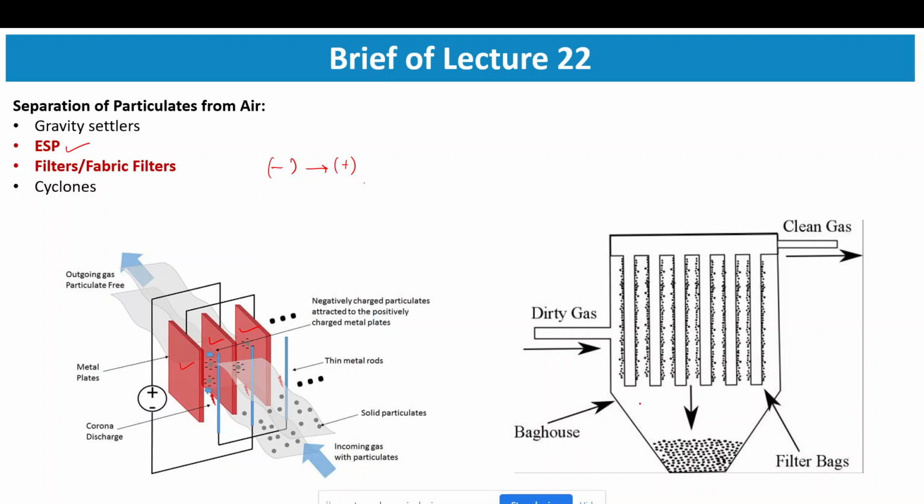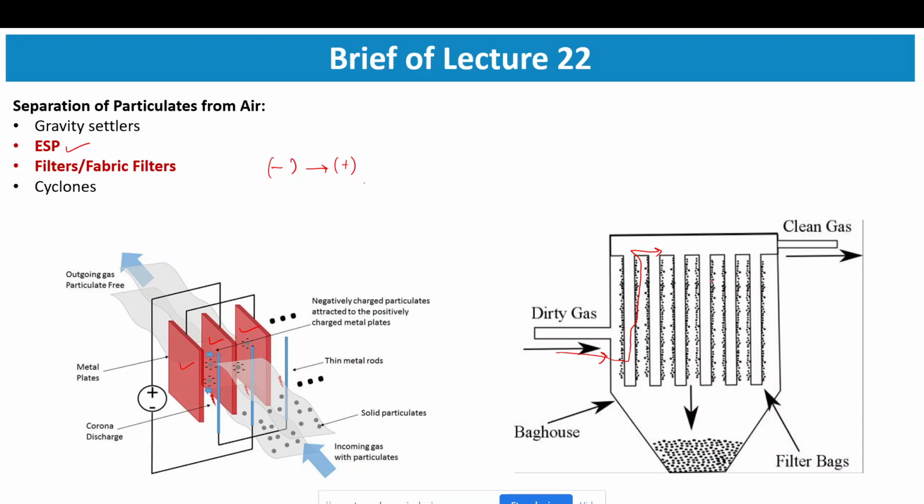The pore size of the fabric is decided based on what application you have. So the air will pass through that and particles will be collected. As you can see, they will not be able to pass through the fabric. Only clean gas will pass through this and get collected here.